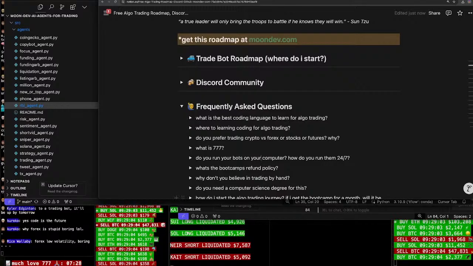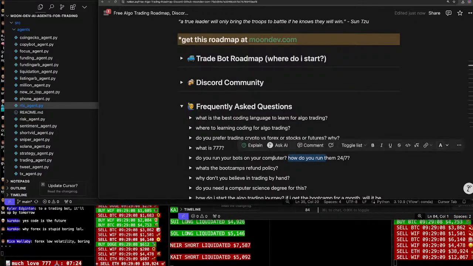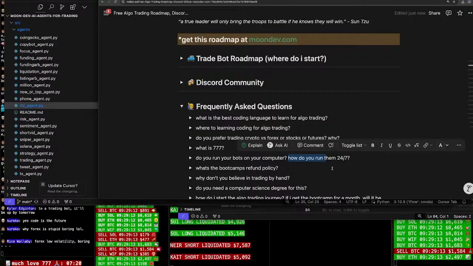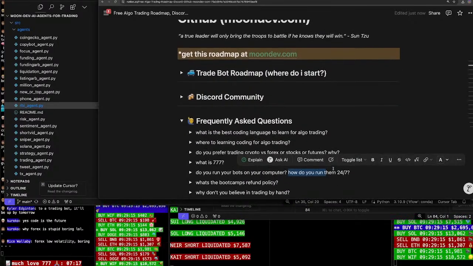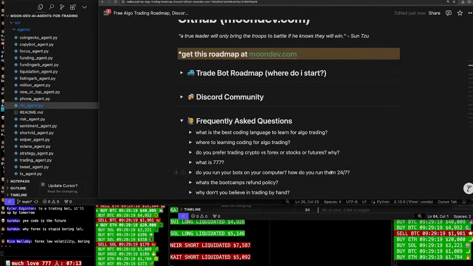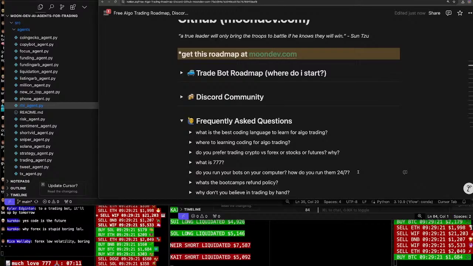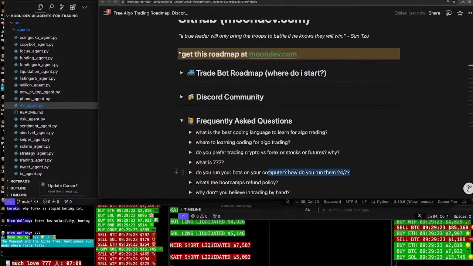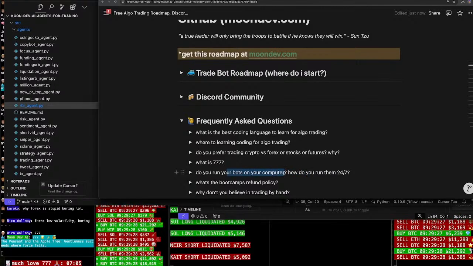So you've got a long ways to go before you need to run them from somewhere else other than your computer. Now, if you live on an island like me or somewhere with power outages, that was also very tricky.